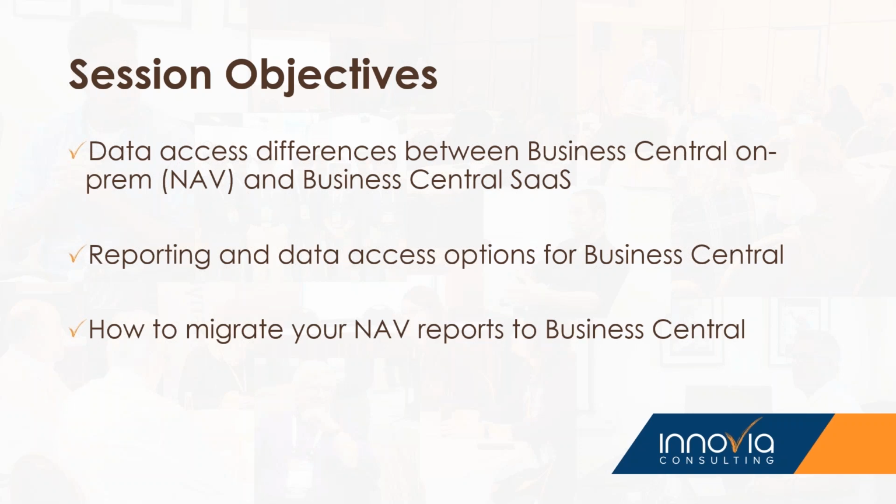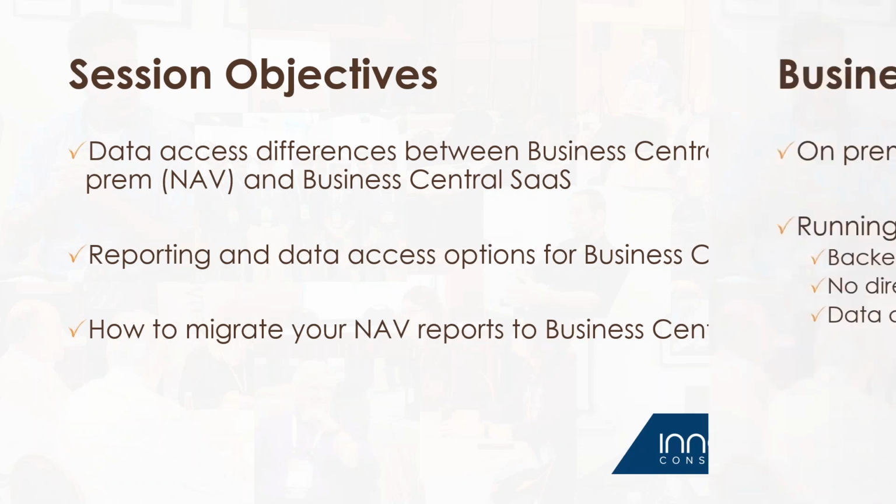Once we've gone through that, I will talk about different options that we have, whether that's reporting or just general data access with Business Central. And then finally, I'll switch over into demo mode and walk you through an example of how to migrate your NAV reports from your current environment to Business Central.